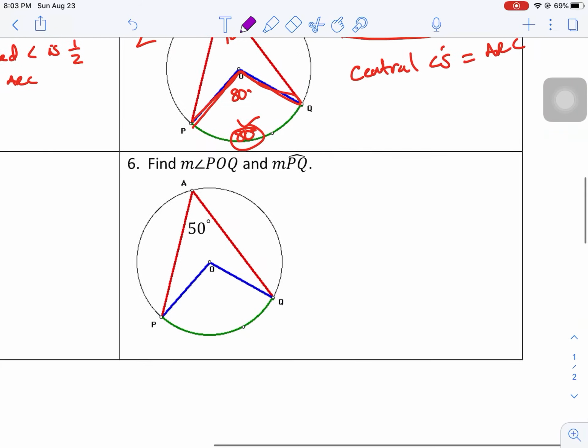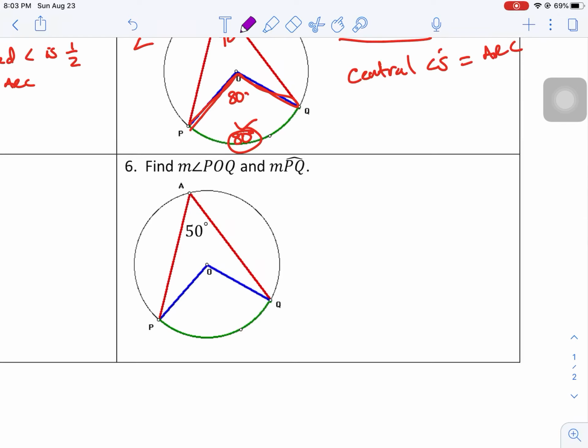There you go. Down here. They're giving us the inscribed angle is 50. We know that the arc has to be double that, 100. And we know if the arc is 100, the central angle is 100. All right, so that's how we found that measure and that measure. Okay?